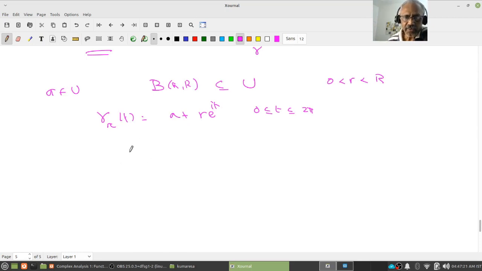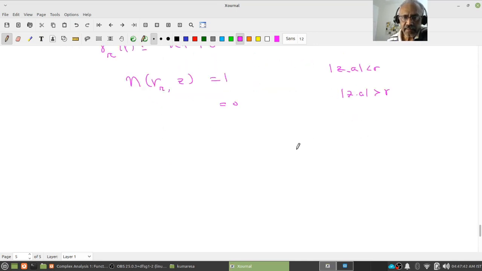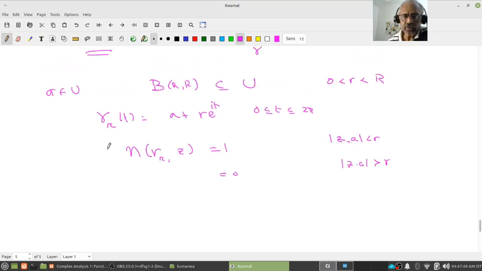Then I know n gamma r of any z equals 1 if the distance between z and a is less than r, and 0 if mod z minus a is greater than r. Are you following? Therefore, for such r, what do I have? Let's go back to this.